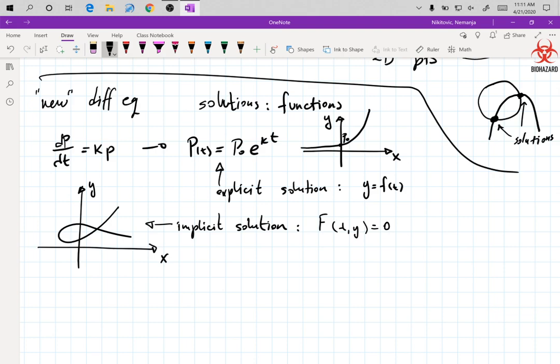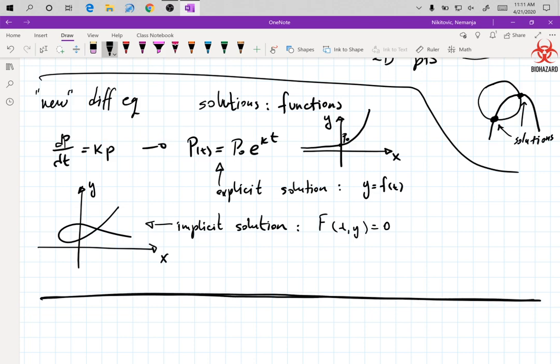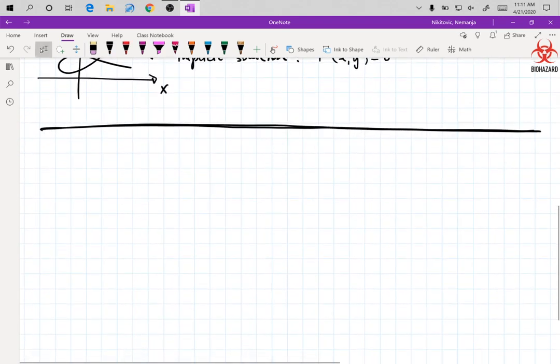Now today's lecture is going to present what the solutions look like, the gallery of solutions for linear systems, and we are going to focus on systems of dimension 2.